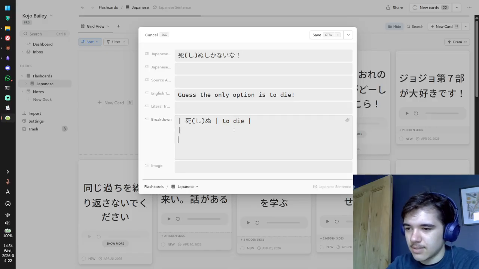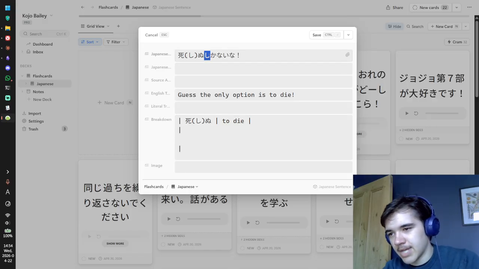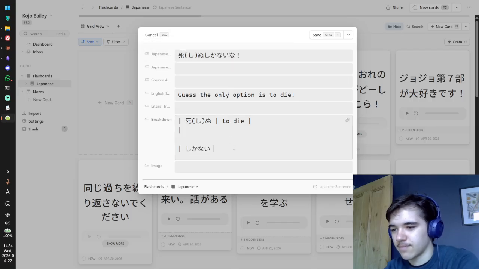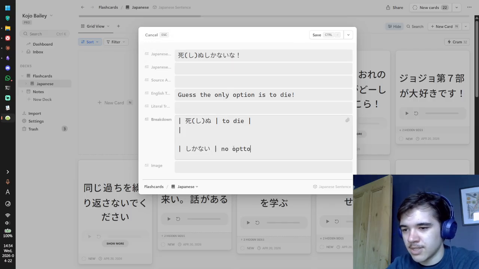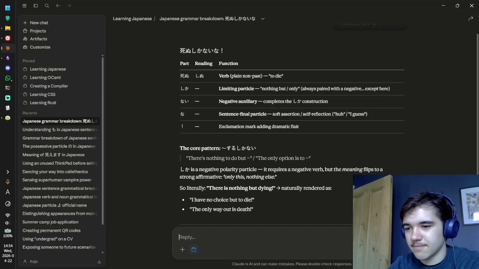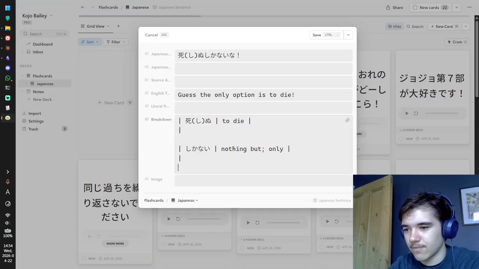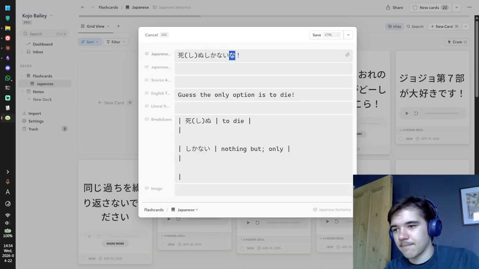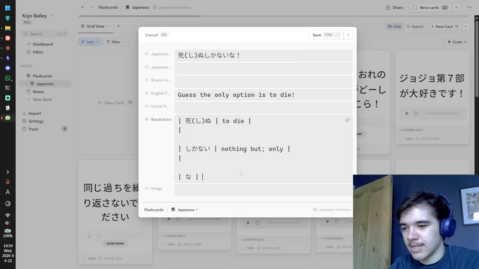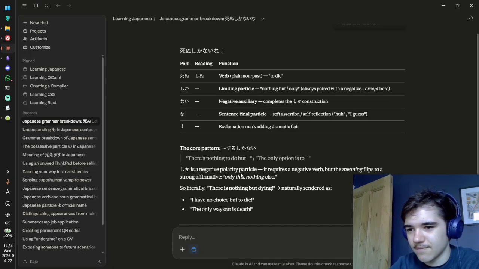From shi, meaning death, or the kanji shikanai. No option, nothing but, right? Only. And then na is like, huh?